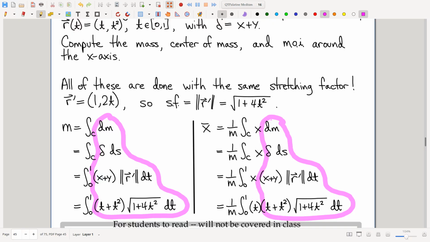The only difference here is that I do have this 1 over m that tags along, and yeah, we are computing that m over on the side, okay, fine, that's annoying, but it's there. And then this extra x, well, don't forget, x is just t. So, pretty much the same development. We adjust the integral appropriate to what we're computing. Most of it's the same argument.